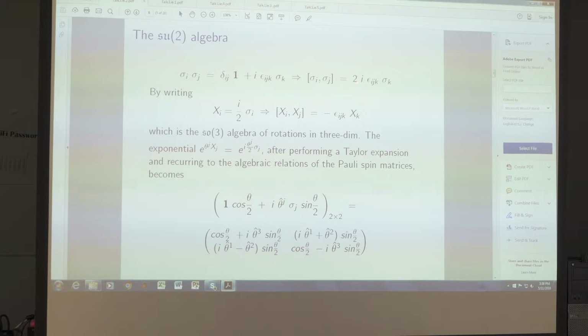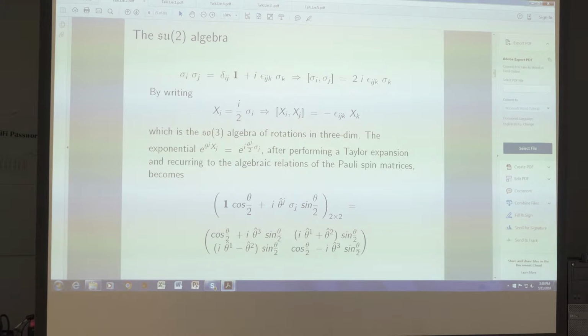The reason you have a 2 here is because these matrices really anti-commute when they are not equal to each other. So when you take the commutator, you end up with an extra factor of 2. So imagine you divide by 4 on the left-hand side. If you divide by 4 here, you can rewrite this expression in this form if and only if you redefine the X generators like this.